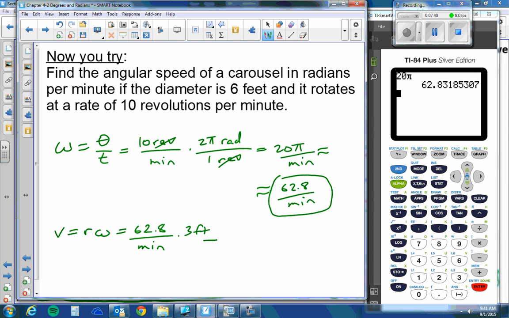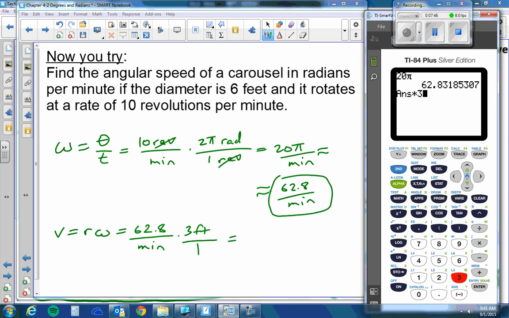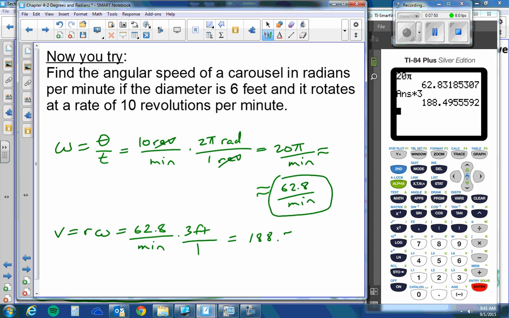Put the units on there. And then, so that times 3, the calculator, gives you 188.5 feet per minute. And once again, if they wanted so many feet per hour, so many feet per second, you could change it, but we'll just leave it as feet per minute.